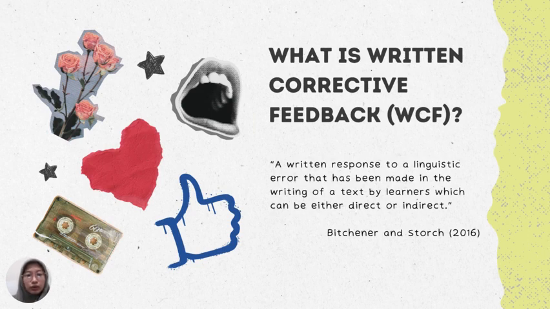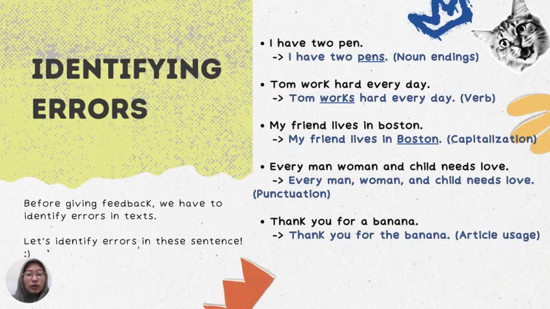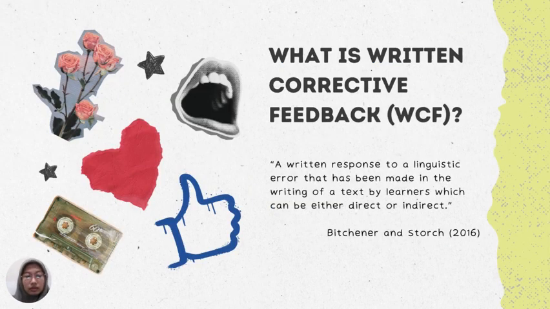Okay, we move to the definition of written corrective feedback. As we know here, we already spotted the errors, and we already corrected them. Then we can identify what written corrective feedback is.